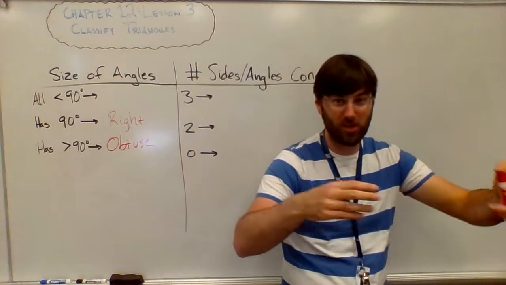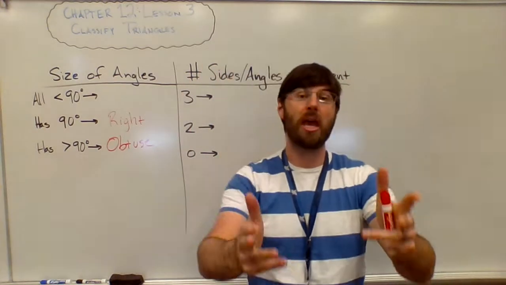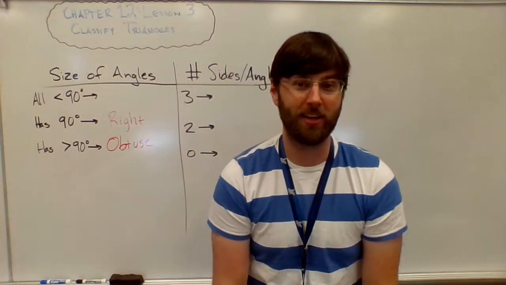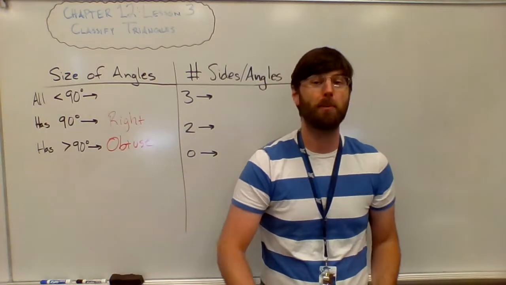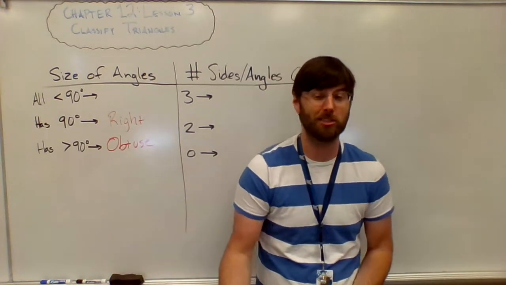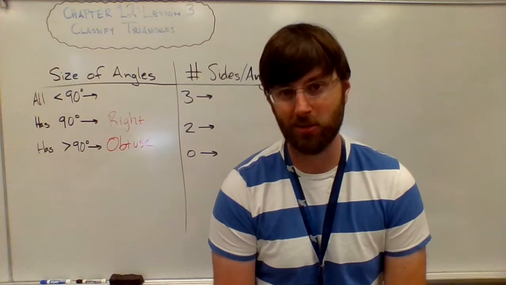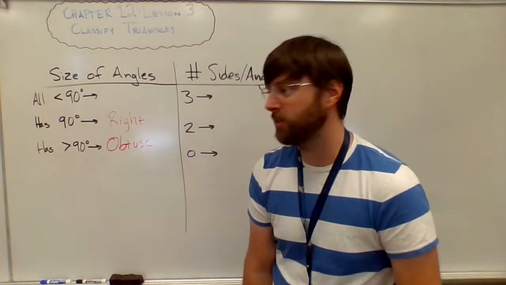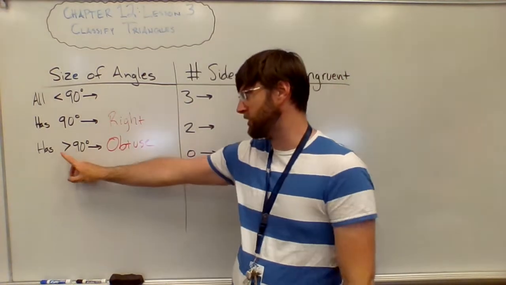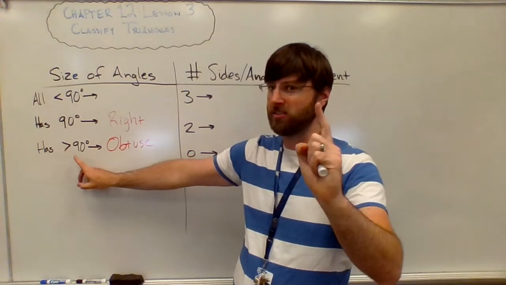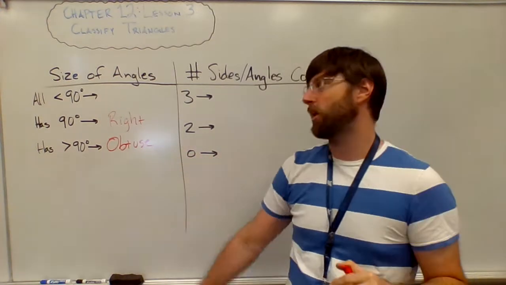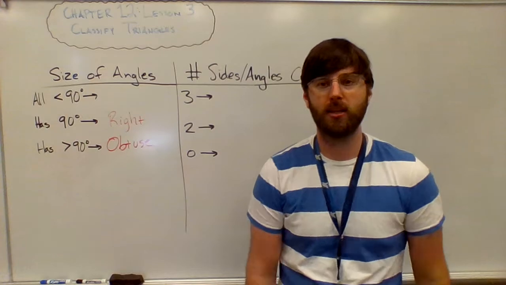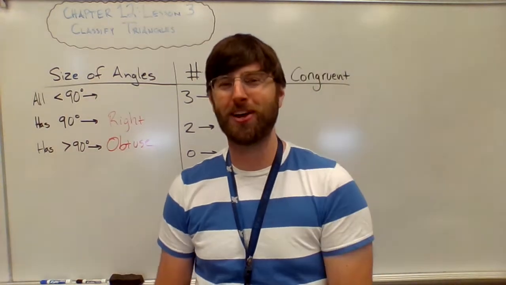Well, Mr. Van Dong, what if it has 2 obtuse angles? Again, you can't draw 2 obtuse angles in a polygon and connect them with 3 lines. You need at least 4 lines, so you'd have a quadrilateral. That's why it just has any one. If it has an obtuse angle, it's an obtuse triangle. If it has a right angle, it's a right triangle.